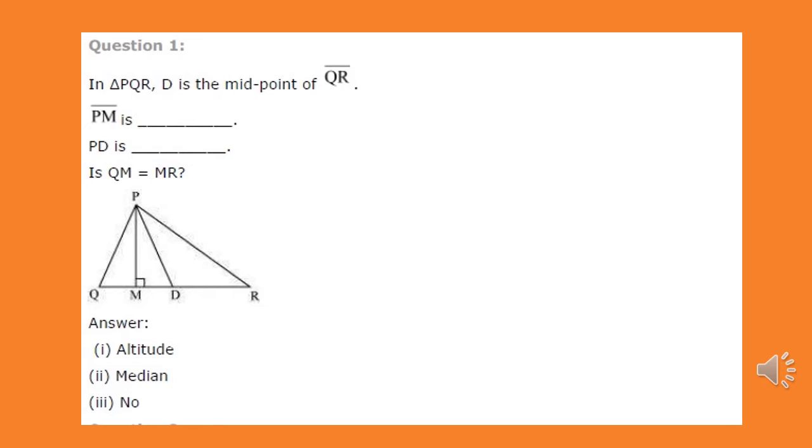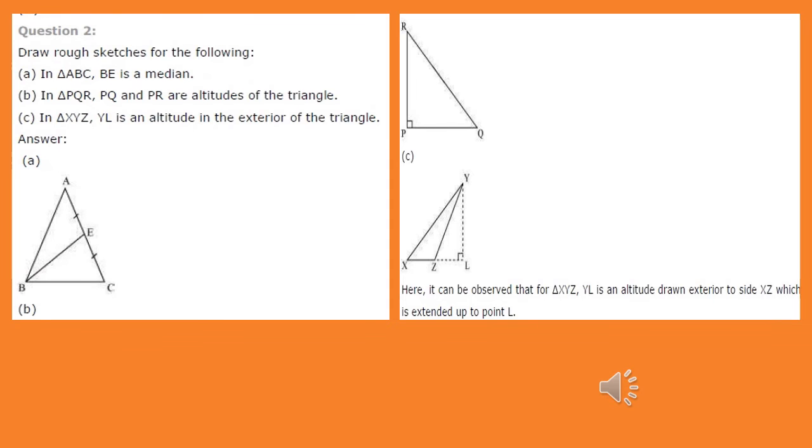Is QN and MR equal? They are not equal. Now question number 2. Draw rough sketches of the following. Part A. In triangle ABC, BE is a median.